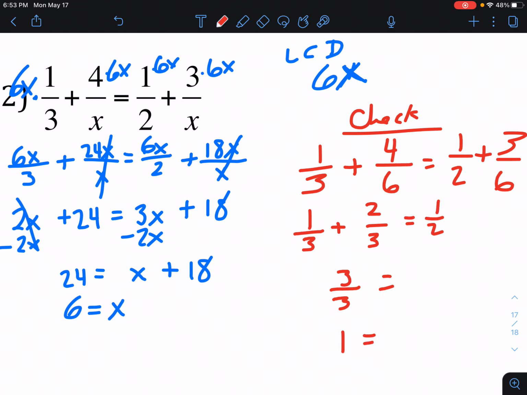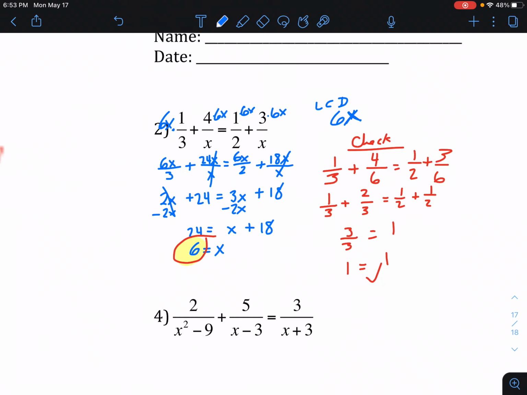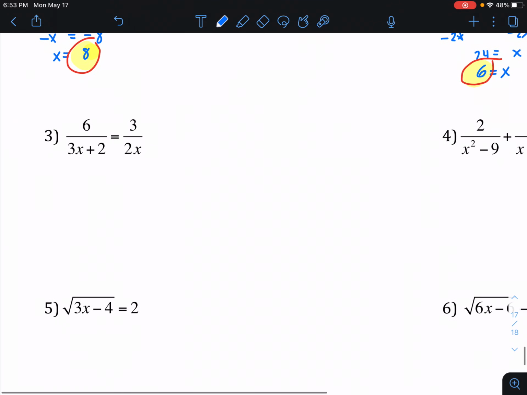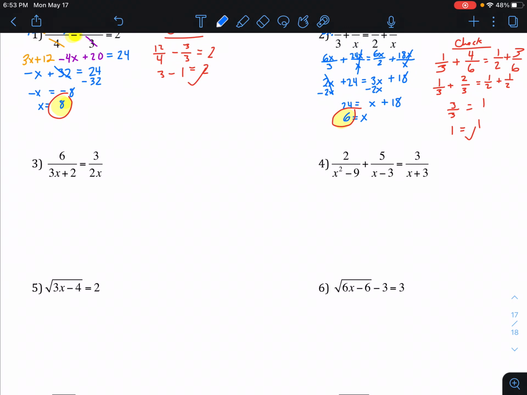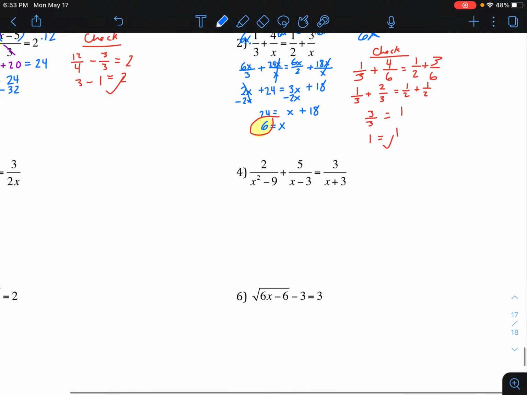And then 1/2 plus 3/6 is also 1/2. 1/2 plus 1/2 is 1. So 6 works out to be okay. All right. The other two, I'll come back to those in a bit if I need to. Now, you know what? I actually do want to do number 4 here.